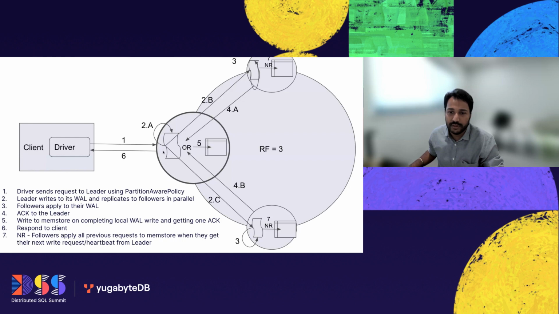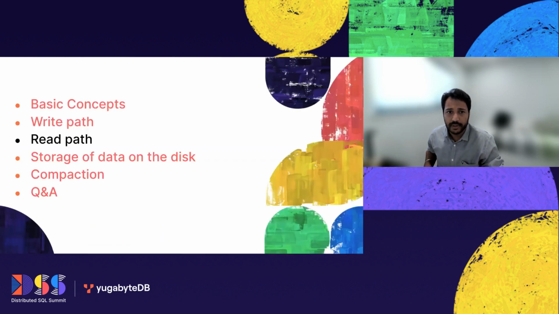Only when the leader sends the next request along with the payload, we send the status of the last request. This is when the follower marks it as committed and writes the last entry into its mem store. If there are no new requests, then at the next heartbeat, the leader sends an acknowledgement for the last request, and this is when it's stored in the mem store for the followers. So this is how a generic write path looks for YugabyteDB.